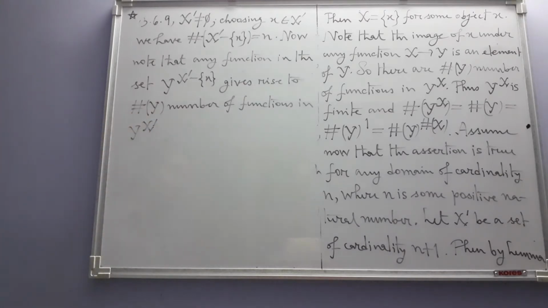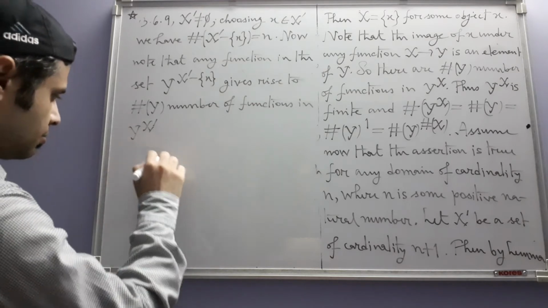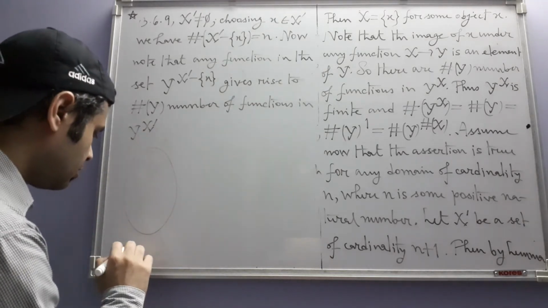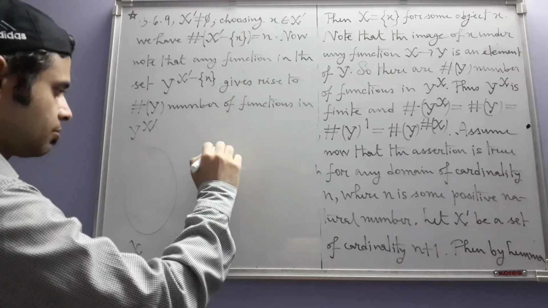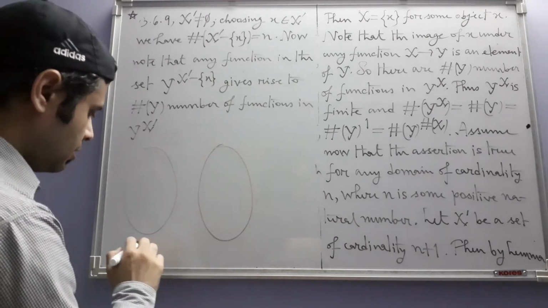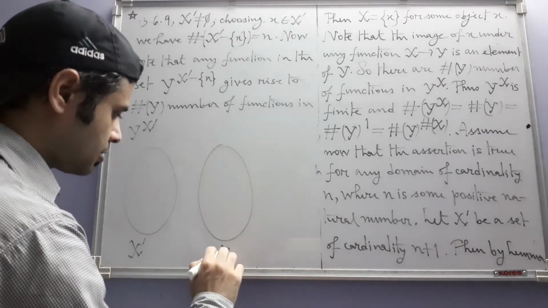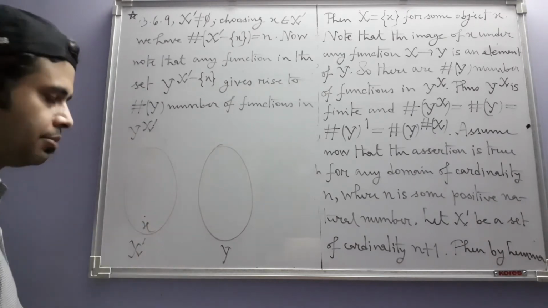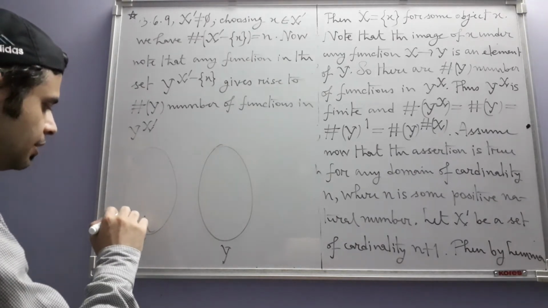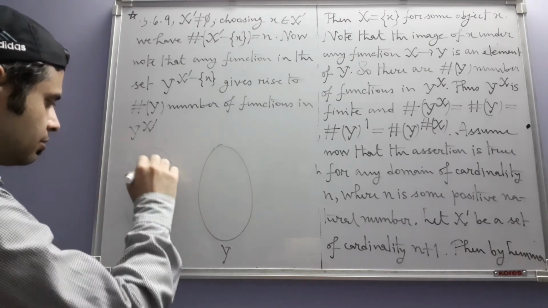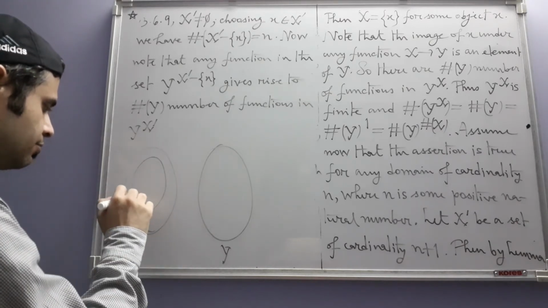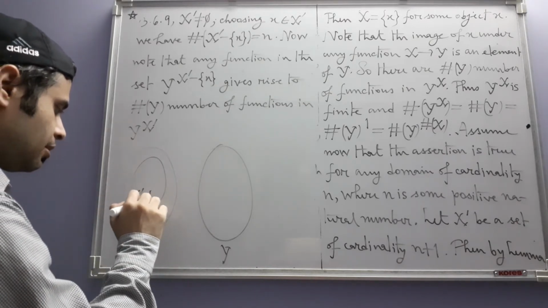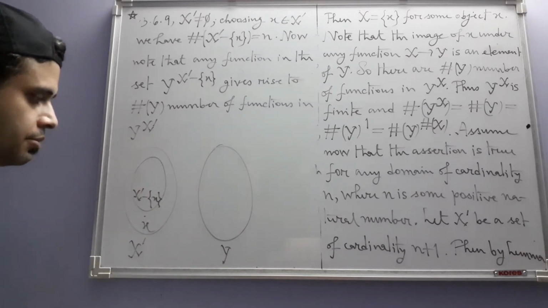What have we written here? You see, this is our x, this is our x prime, this is our y. In x prime we have chosen an element x. If we remove this element, then we have x prime minus x.